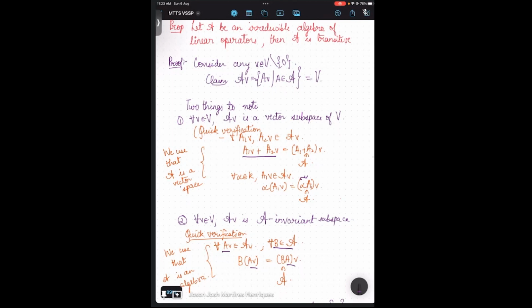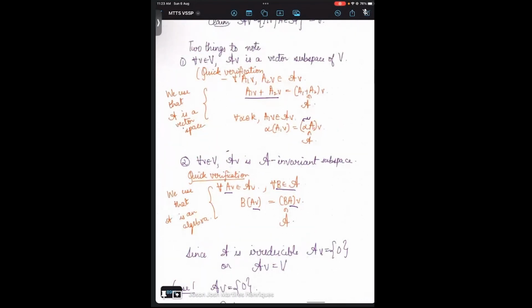And that implies that this whole thing again belongs inside script A times V. So that shows that script A times V is in fact an invariant subspace, and I'm working in an irreducible algebra. So I know that the only invariant subspaces in this case are going to be the trivial ones. So that gives me two options. Either script A times V is going to be 0, or script A times V is going to be the full space.